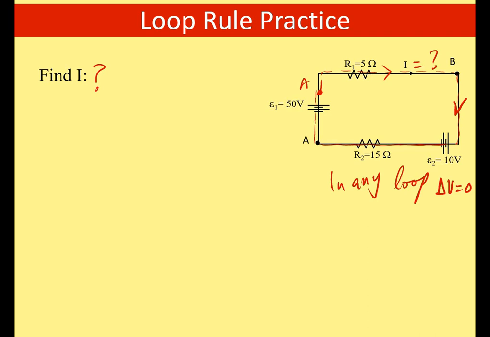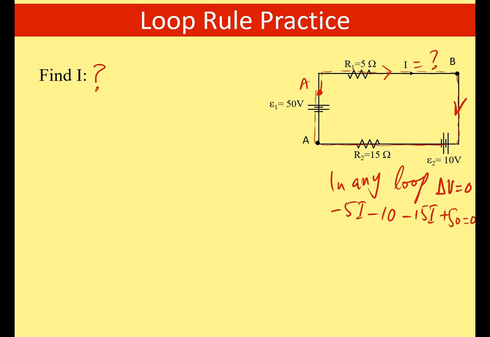So we will simply say this is minus 5I. And for this battery, if you go from positive to negative, again you will lose voltage. So we will say this is minus 10. And again in the direction of current, we have minus 15I, and we go from negative to positive, we will gain, and this is equal to 50.